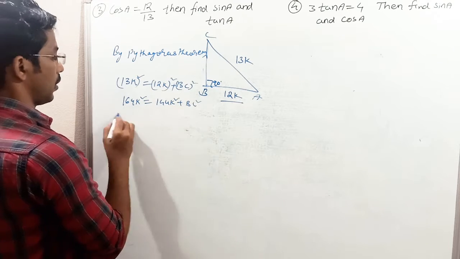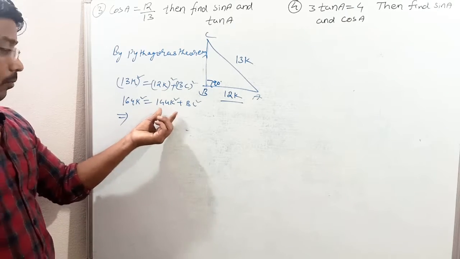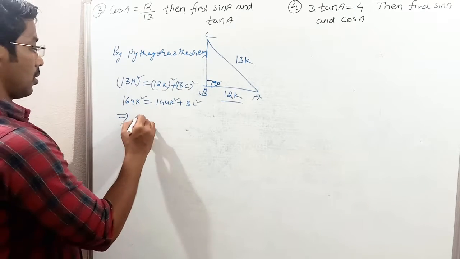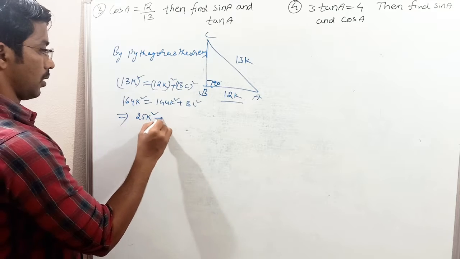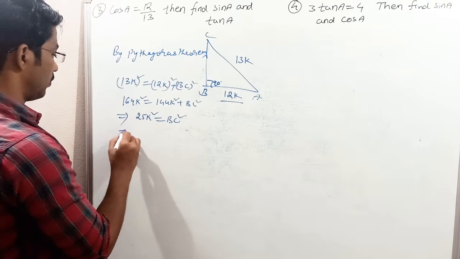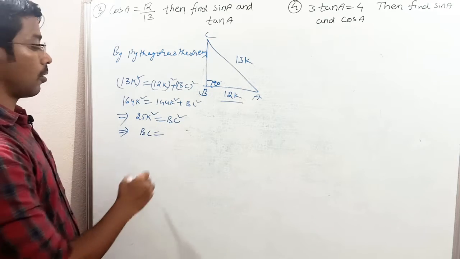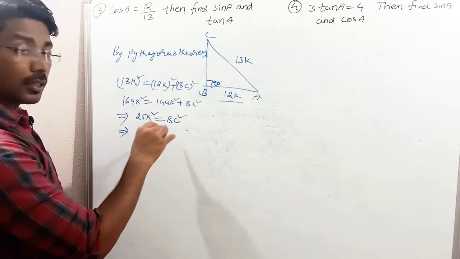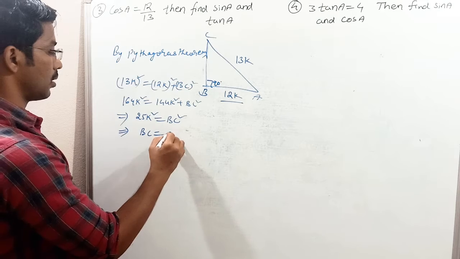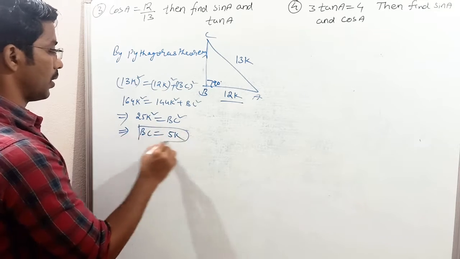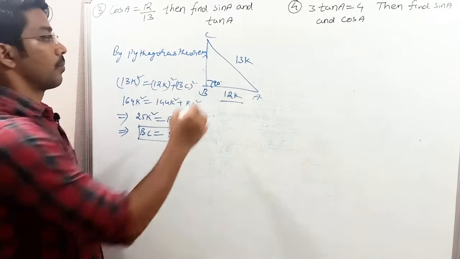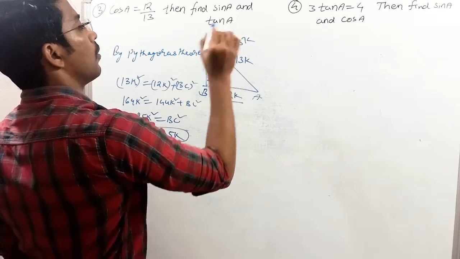Transposing 144k square to the left hand side, we get 25k square equal to BC square. Taking the square root on both sides, BC is equal to 5k.